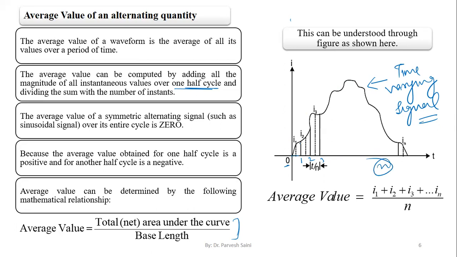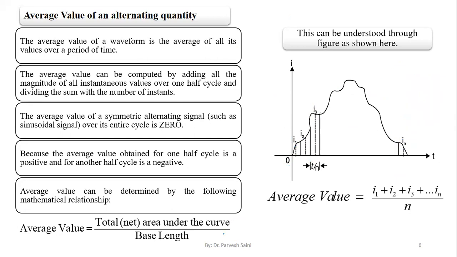Then we take the average of these instants, which we call mid ordinates. We add all the mid ordinates and divide with n to get the average value of the given alternating quantity, right?